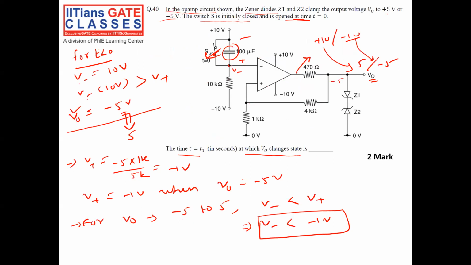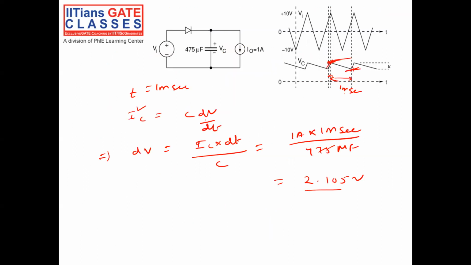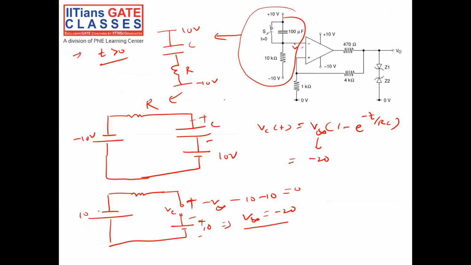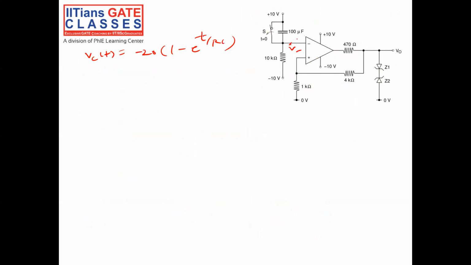The end connected to the 10 kilo ohm resistor, I have taken positive. See, this 10K or R, this I have taken positive. So here it is positive, here it is negative. So this is my VC(t).